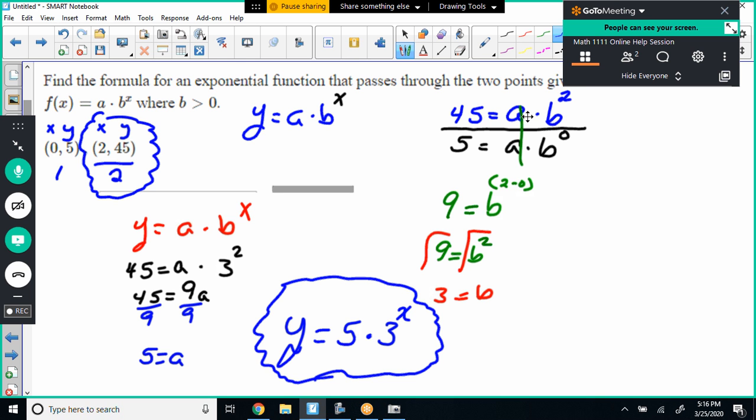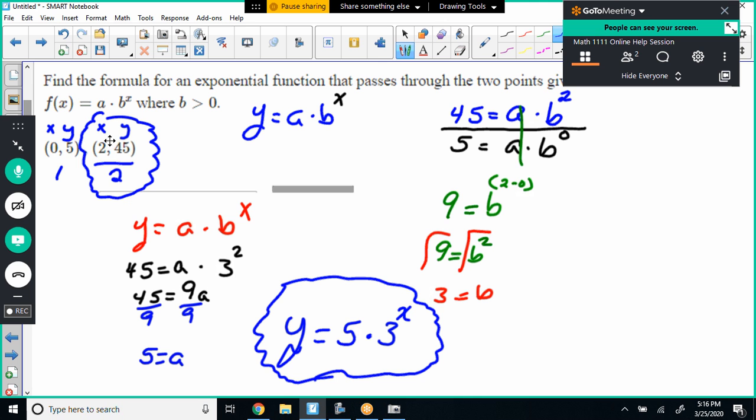So my A's canceled out, allowing me to solve for B. Your B's could be raised to a power of 2, 3, or 4, but the number on the left-hand side should be a perfect square if it's a 2, a perfect cube if it's 3, and a perfect fourth power if it's 4. So just remember that.